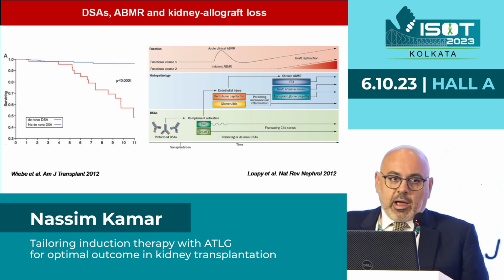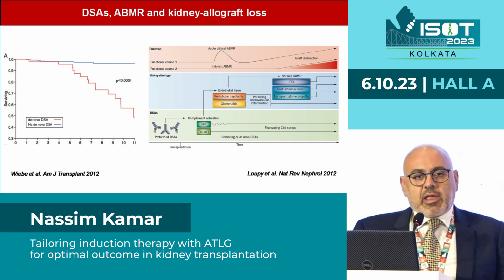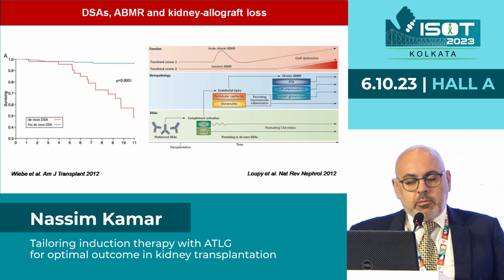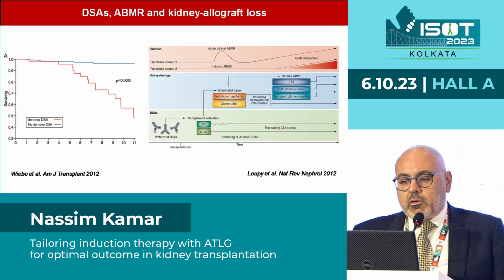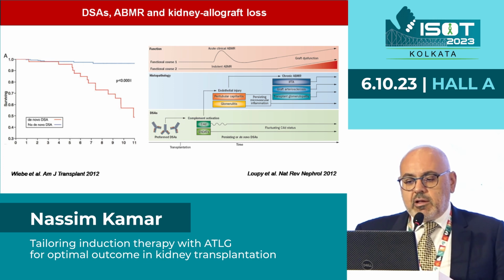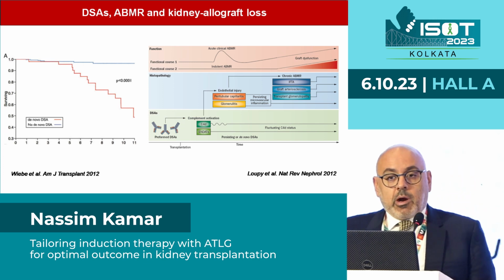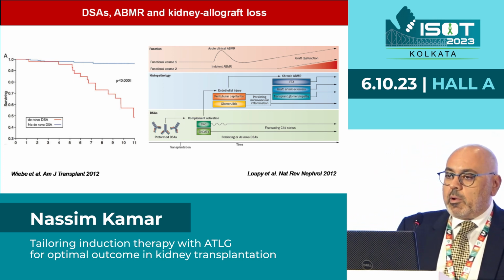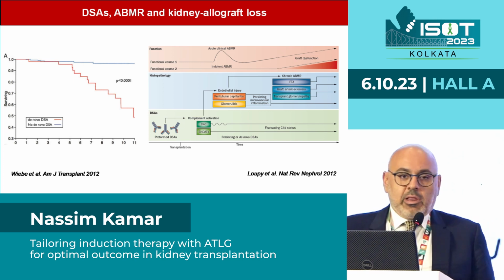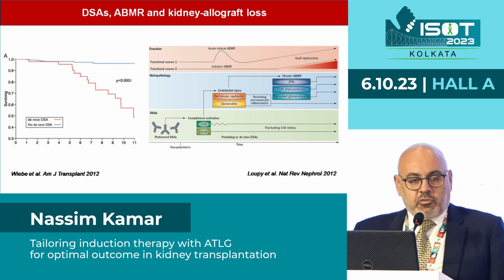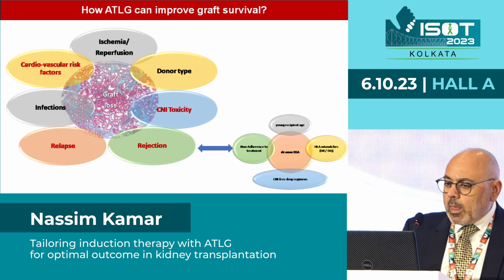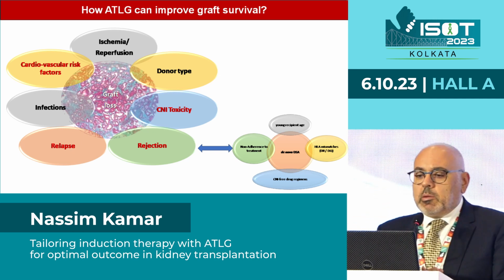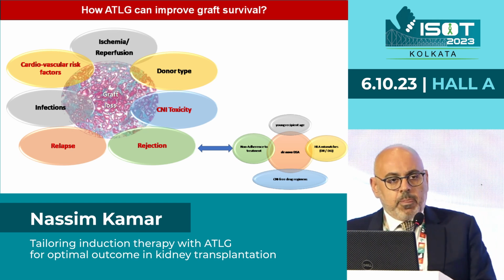And there are two kinds of rejection that can occur when the de novo DSA occur, either acute ABMR, which you can see on the upper left part of the slide, or a chronic ABMR, which is currently the more frequent. We have very few acute ABMR, but we have chronic ABMR, and currently we do not have any real treatment for this chronic ABMR.